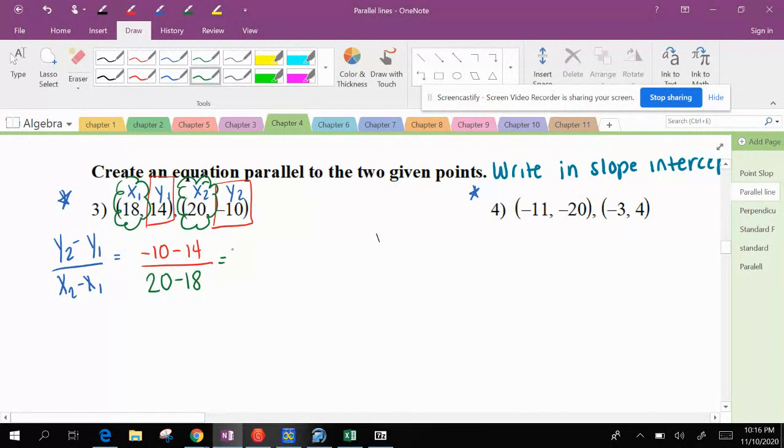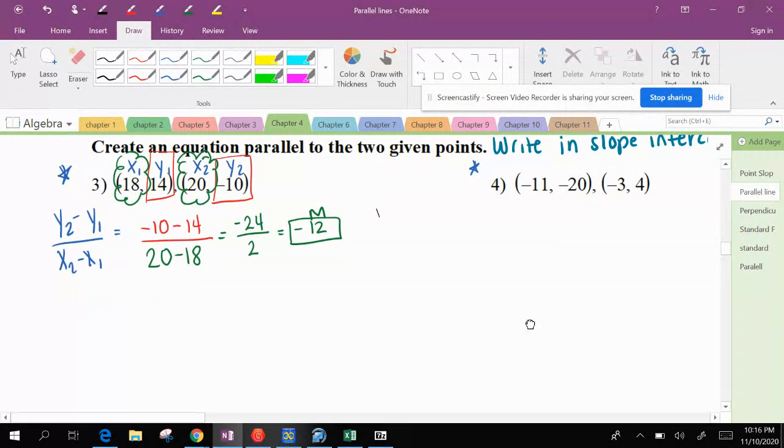Negative 10 minus 14 is negative 24. 20 minus 18 is 2. I can simplify that to negative 12. So the slope for my parallel line is negative 12. Now I have to pick one of these points.